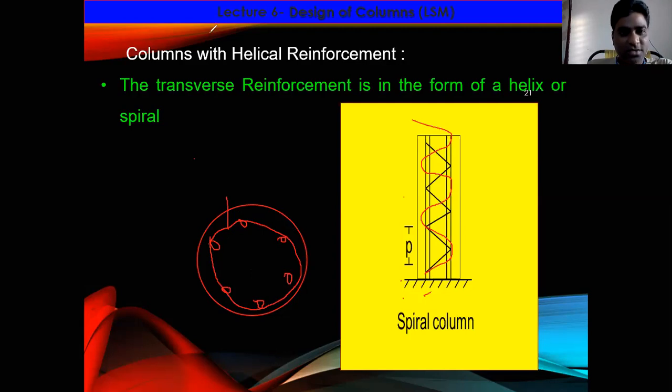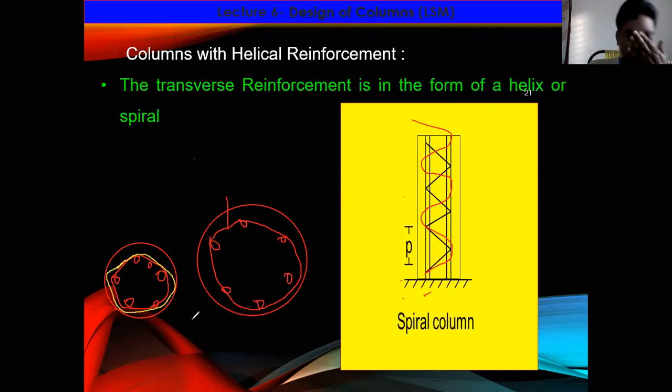Or if you take another column and you do the reinforcement, and you have lateral ties, and above that you provide the helical reinforcement, right?